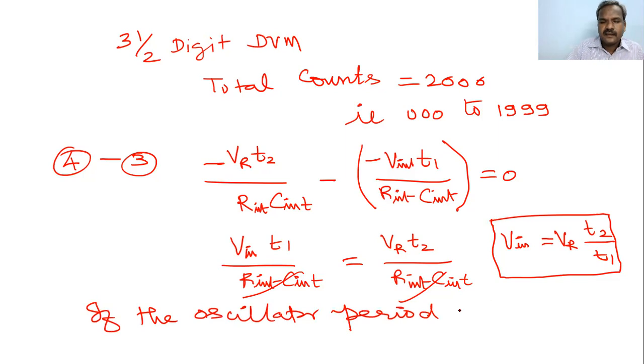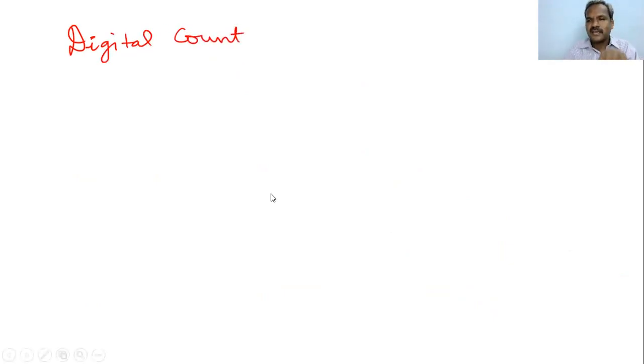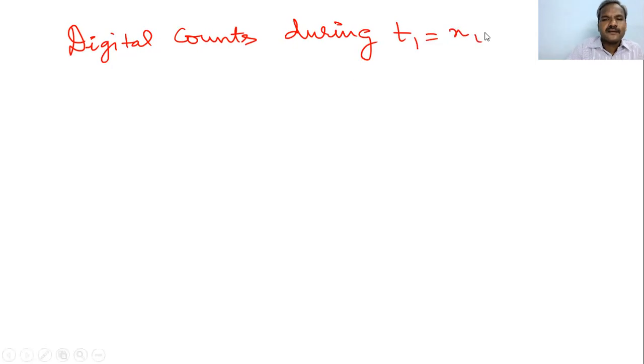Digital counts during T1 equal N1, and during T2 equal N2.